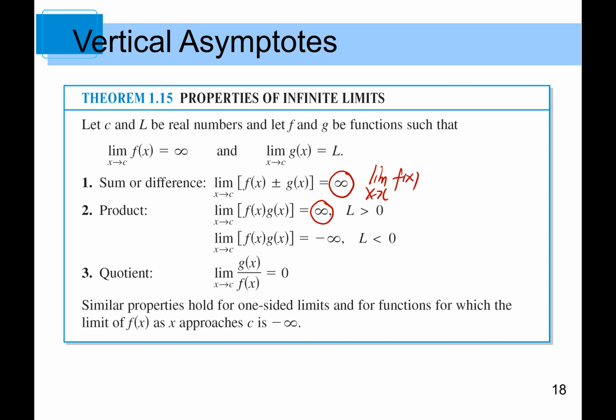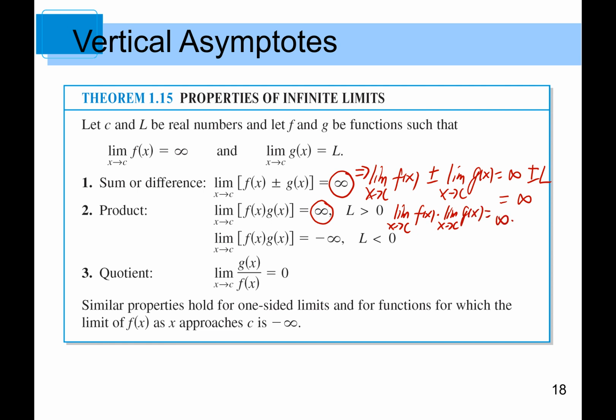We can just separate into two different limits. The first one is infinity. Infinity plus or minus a constant is still infinity, right? So this is a quick proof. And for this one, separate into the limit of f of x times the limit as x approaches c of g of x.